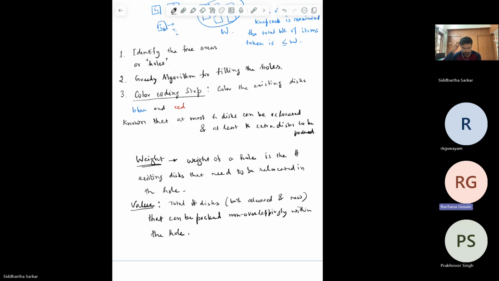So, what is the knapsack here? It is a hole, meaning some free space. That is the knapsack where you want to fit in the items, and the items are these disks. Like in a standard knapsack problem, we are given the values of items.